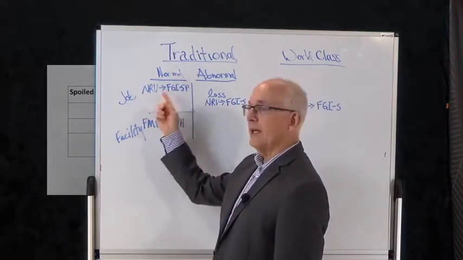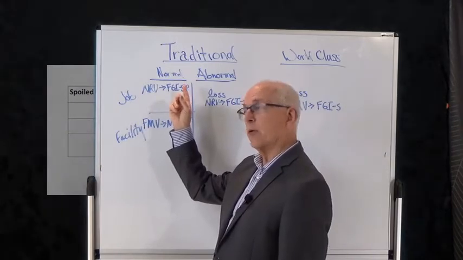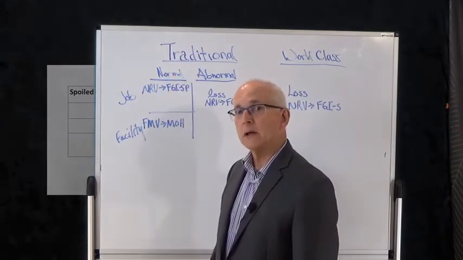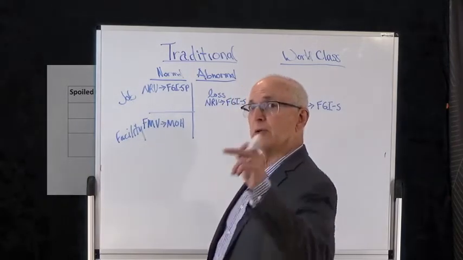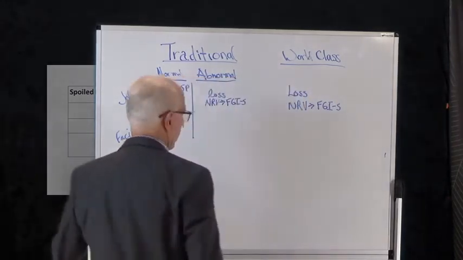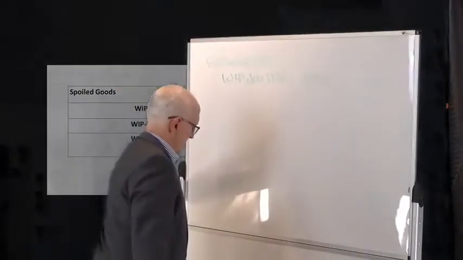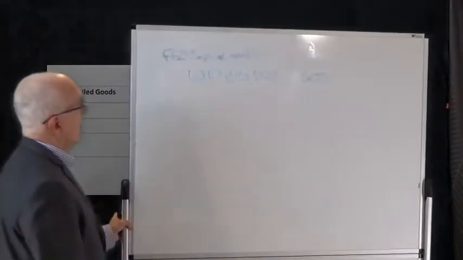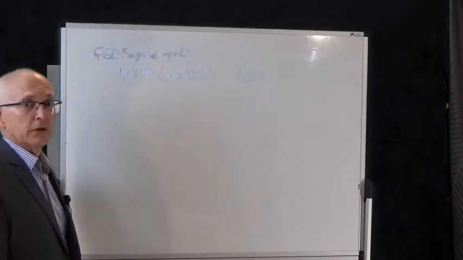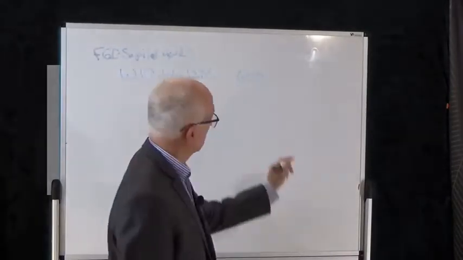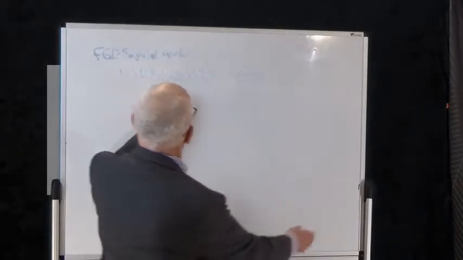So we can use that journal entry that I had on the board a minute ago in this situation, a normal spoilage that was associated with a specific job. So this then is the journal entry for normal spoilage associated with a specific job. Let's take a look at the next one.